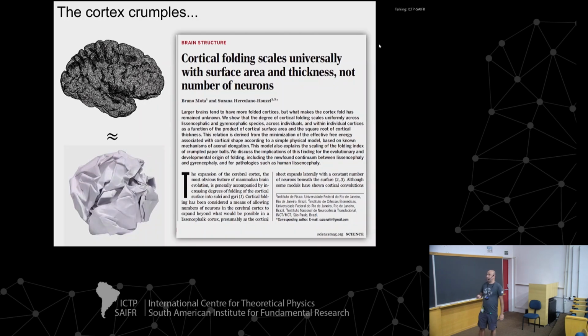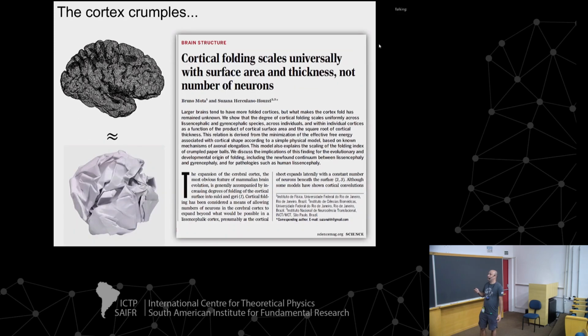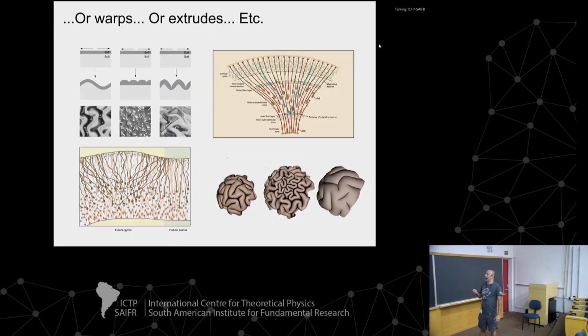So let's recapitulate. I claim that the cortex crumples, that this is functionally behaving like this. But other people have claimed, and these people are not idiots, that the cortex actually warps, like when you leave a sheet of wood under the sun, or that it extrudes, like when you extrude pasta through a nozzle.